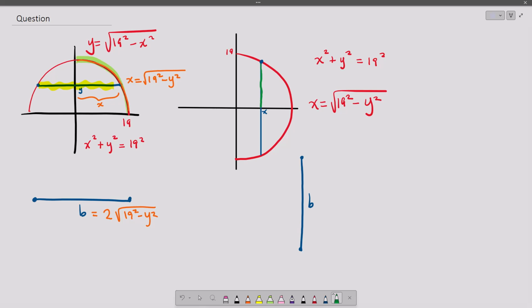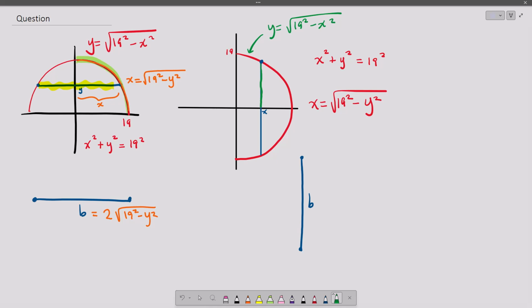We need the upper y value minus the lower y value. So if we want that distance right there, this is now a circle, a piece that's in quadrant 1. The equation for that is this guy, y equals the positive square root of 19 squared minus x squared. So this y, this function of x, is measuring from the x-axis up to that function.